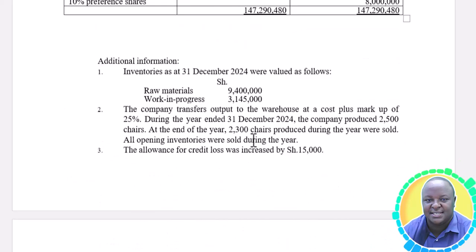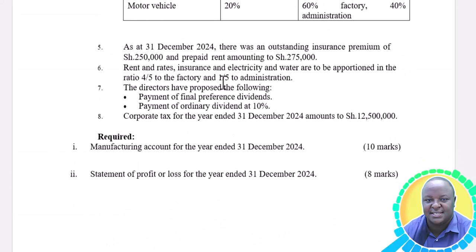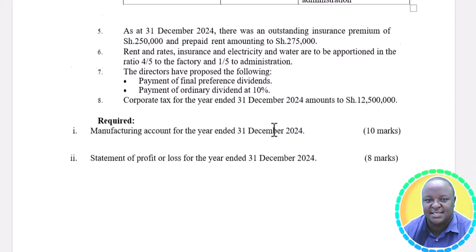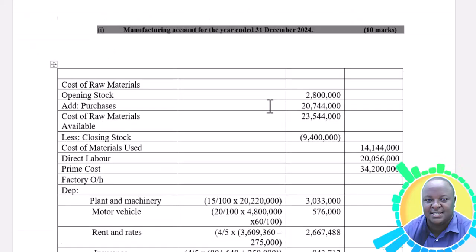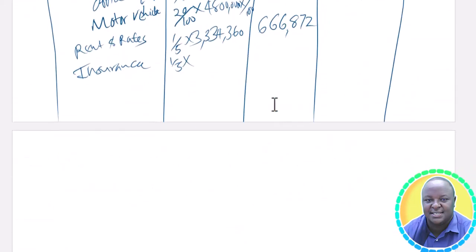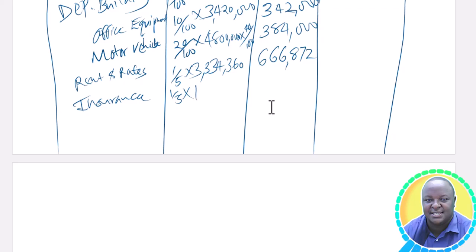So we are going to add, because the additional information tells us there was an outstanding insurance premium of 250. So that is an expense, so we add 250. We get 1,054,640. That is the figure we are going to use.